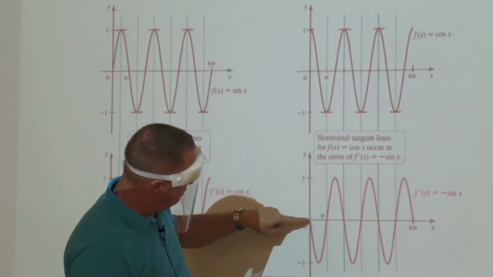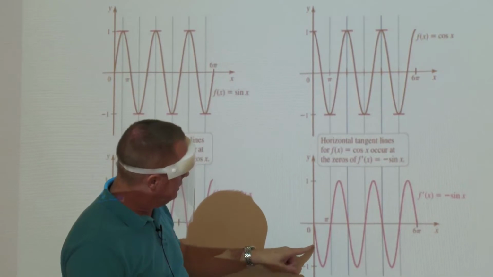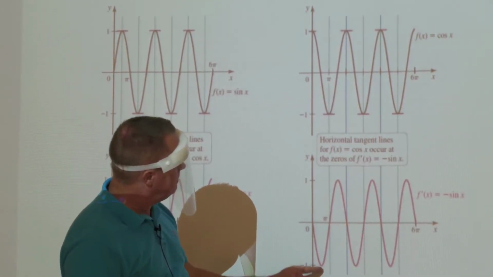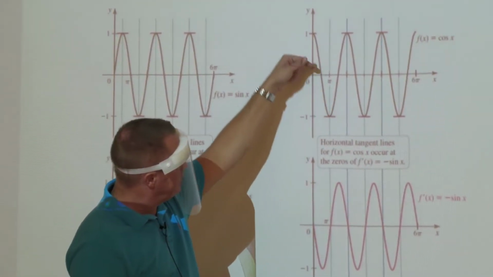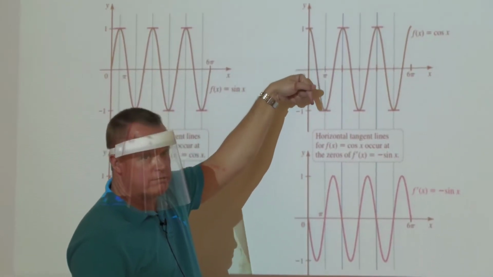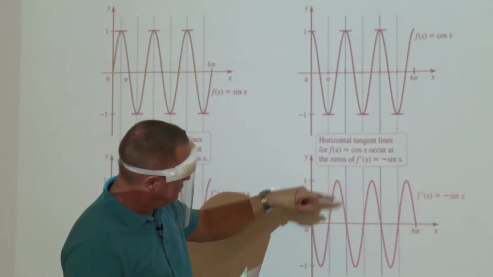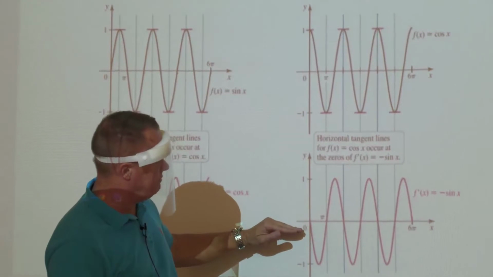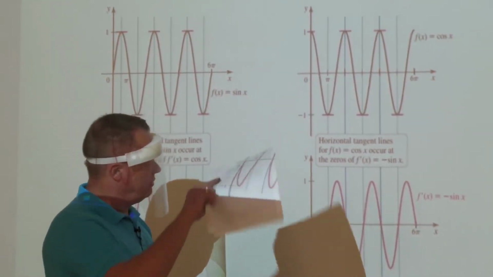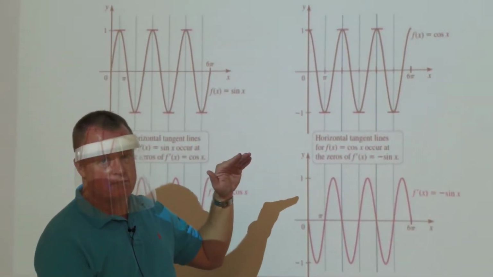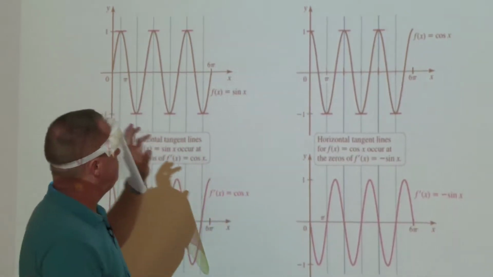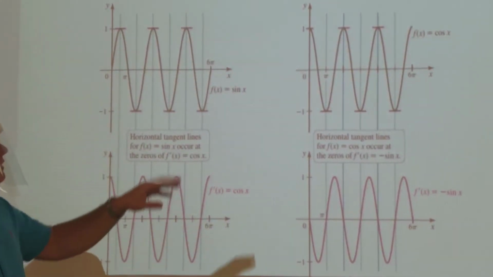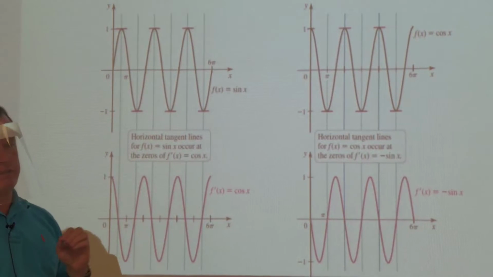So that means your slope will be below here till it gets right here, and then it's going to change from negative to positive. And then go. So this is what you get. What is this graph? That is the sine graph reflected about the x-axis. Okay? So the derivative of sine is cosine. The derivative of cosine is negative sine.